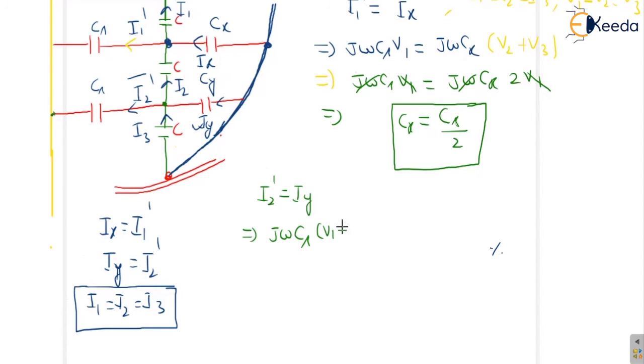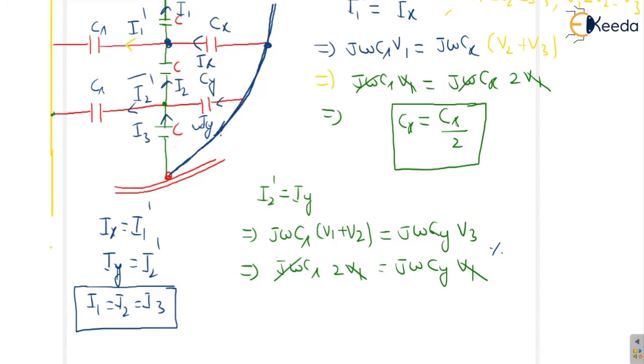So jωCs × (V1 + V2) is equal to Iy, which is jωCy into V3. Putting all the values, jωCs × 2V1 is equal to jωCy × V1. So V1 cancels out, jω cancels out, and we obtain Cy is equal to 2Cs. So Cx we obtained Cs by 2, and Cy we obtained 2Cs.